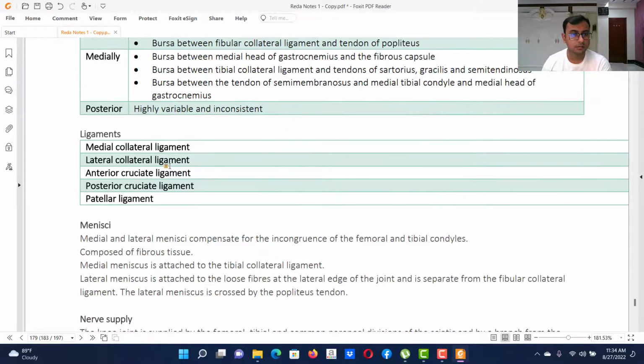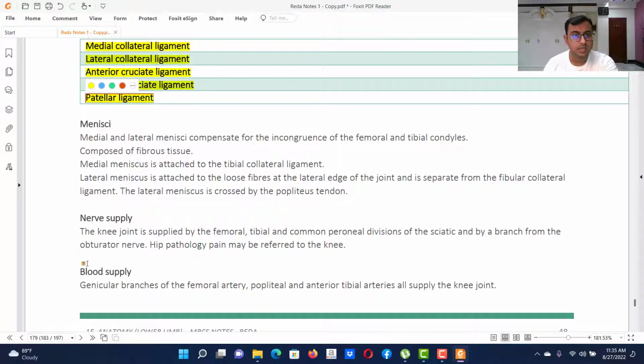There are some bursae and ligaments. There are five ligaments: medial collateral, lateral collateral, anterior cruciate, posterior cruciate, and the patellar ligament. There are the medial and lateral menisci, making the femoral and tibial condyles congruent. The medial meniscus is attached to the tibial collateral ligament, and the lateral meniscus is separated from the fibular collateral ligament at the lateral edge of the joint.